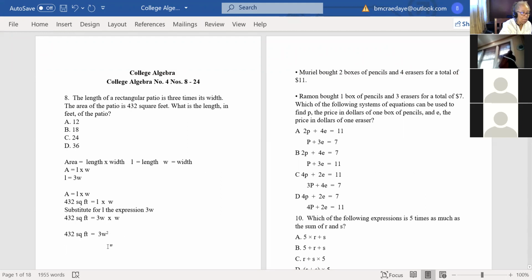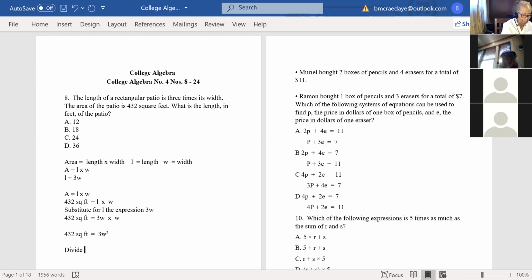So what do we do next? We want to solve for W. What's the next step? Divide. Divide by what? 3. You're going to divide by 3, so you have just W squared left, right?